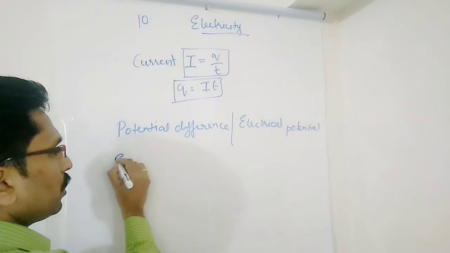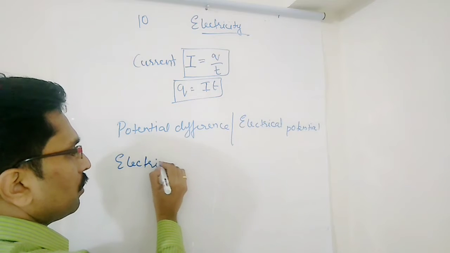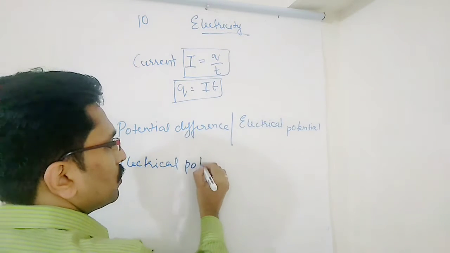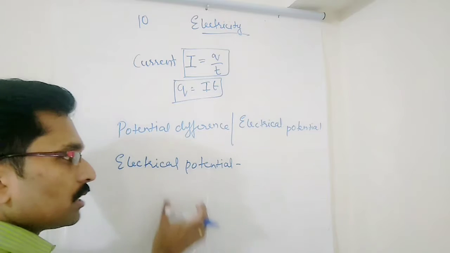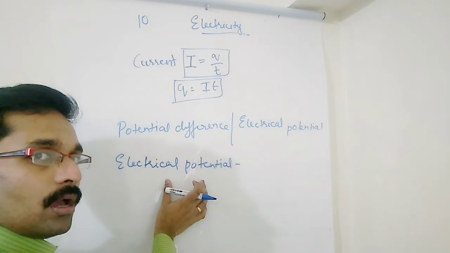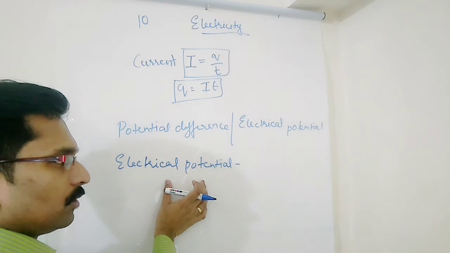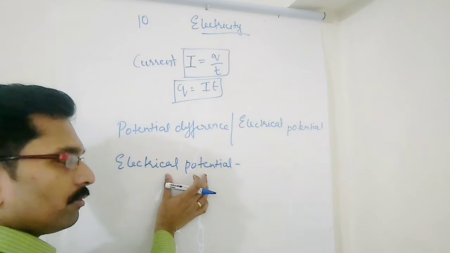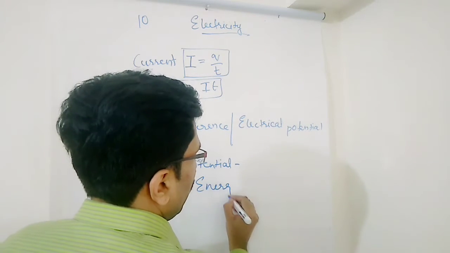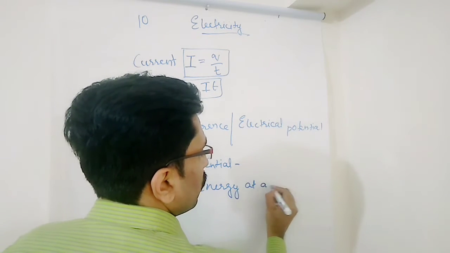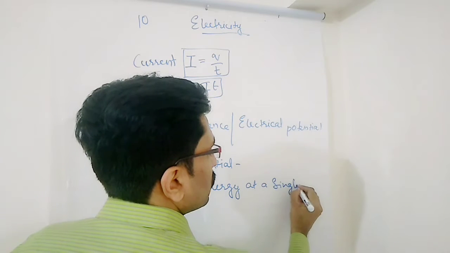Now I'm going to tell you what you mean by electrical potential. Electrical potential means it is the energy at a point of charge, at a single point of charge.